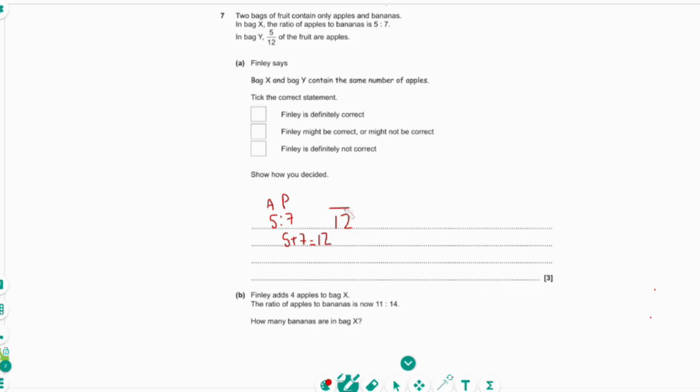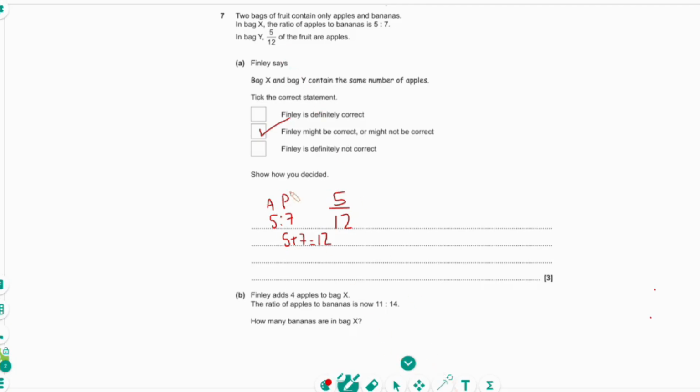It would be 5 out of 12. But that's just the proportion of apples. It could be 10 over 24. As you can see, the proportion of apples in each bag could be the same. So Finley might be correct or he might not be, because for bag Y, we know 5/12 of the fruit are apples, but it could be 10 apples and 24 altogether, which would simplify to 5/12.